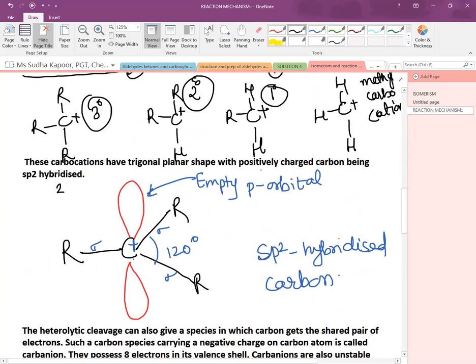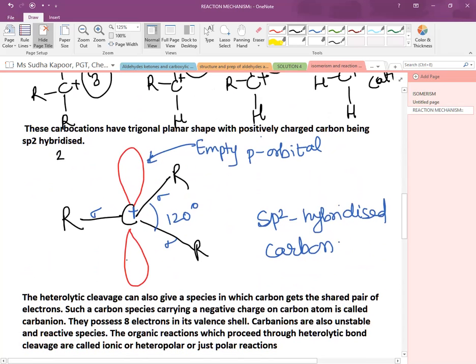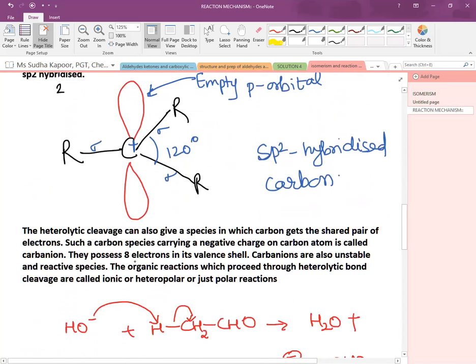But the other thing that we have studied is if the carbon gets the covalent bond on it after the cleavage. In that case, it is known as carbanion. These are also unstable intermediates, and these are only obtained when the reaction takes place in an ionic or heteropolar manner.